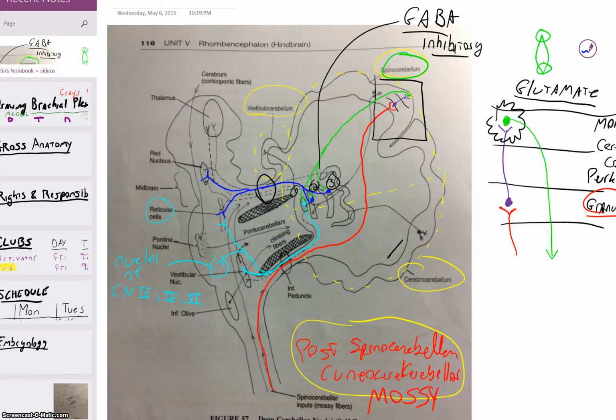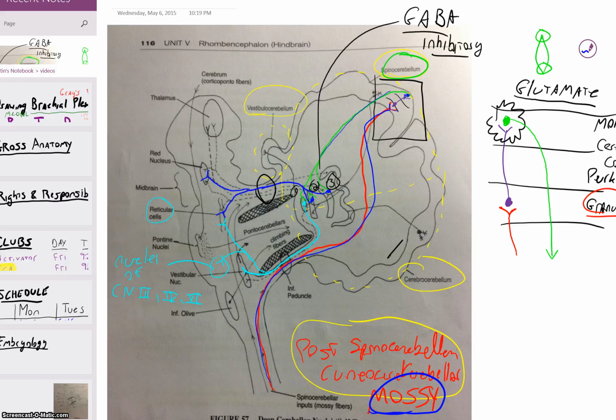But that is one tract, or that's one pathway, starting with these mossy fibers from the posterior spinocerebellum and the cuneocerebellum that come up, inferior peduncle, up to the spinocerebellum, synapse on granular cell, comes up, granular cell uses glutamate to synapse on the spine Purkinje.